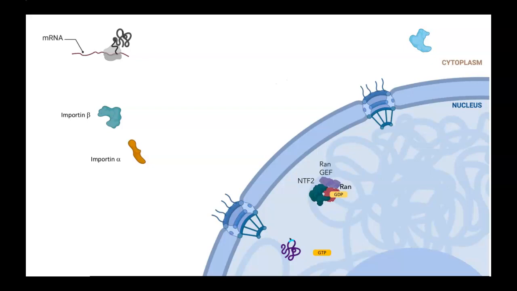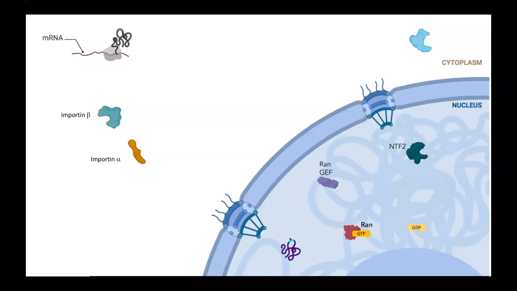First, NTF2 will be released from the complex. The second thing is the exchange of the nucleotide. Once associated with the RAN-GEF, the RAN molecule will drop the GDP molecule and pick up a GTP molecule instead. It can now dissociate from the RAN-GEF molecule, and we have the RAN with the GTP bound to it, ready to be used for another cycle of importing and exporting proteins.